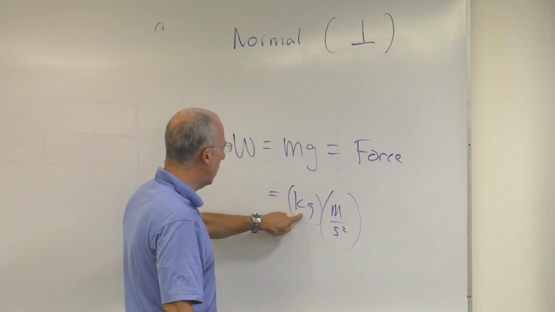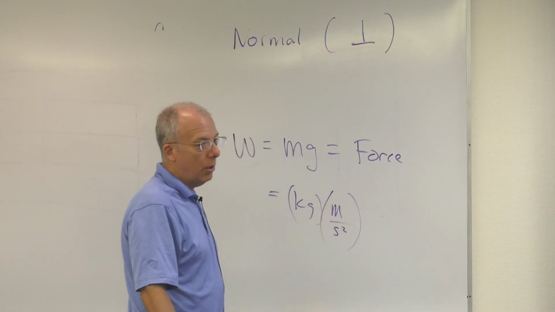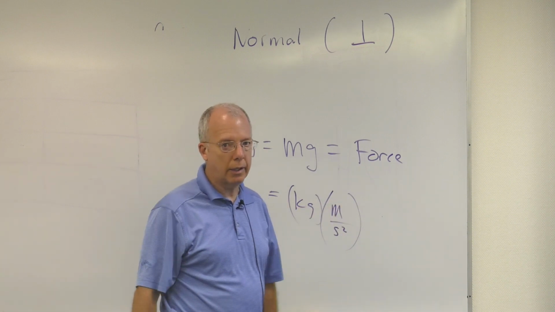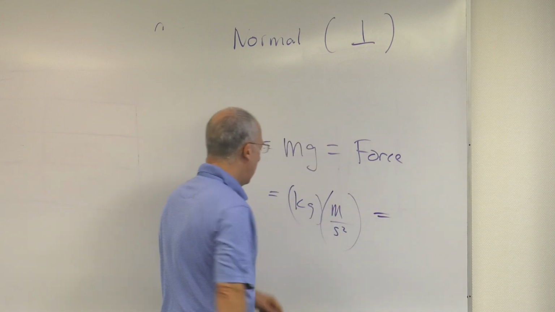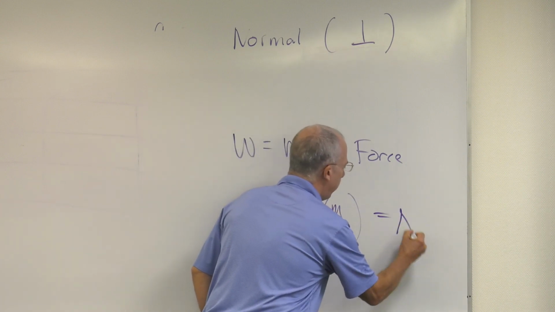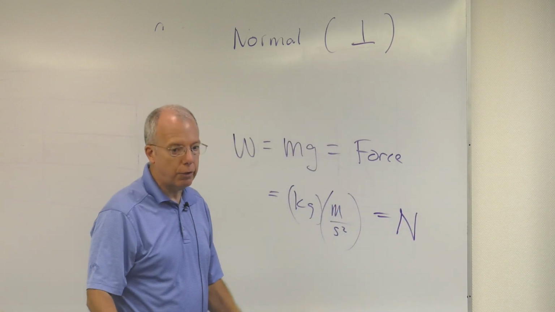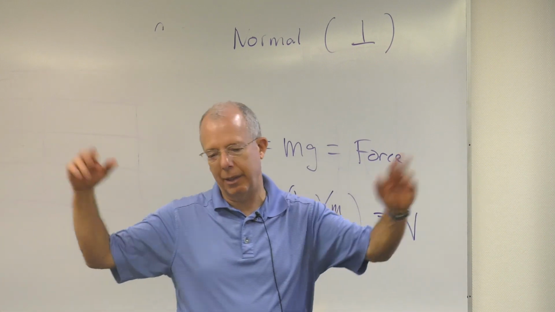So the unit is kilograms times meters per second squared. But who did a lot of work on gravity? Newton. So instead of saying kilograms times meters per second squared, the unit of force is an uppercase N for Newton, a way to honor him.